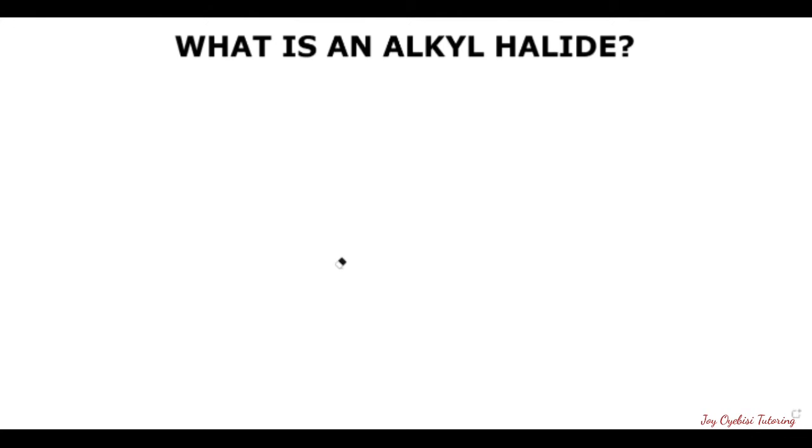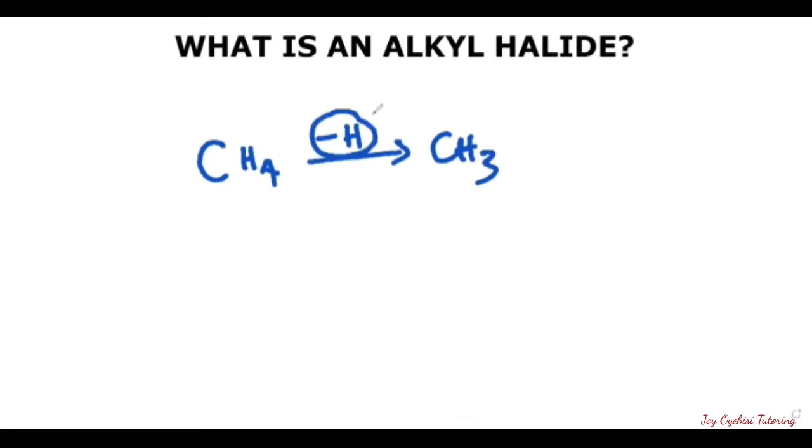From the examples I gave earlier on alkyl group, what alkyl halide is simply telling us is that instead of this, where we have one of the hydrogens being lost to give an alkyl group, right? This hydrogen here would be replaced by a halogen, which could be chlorine, bromine, or any of those halogens, right?